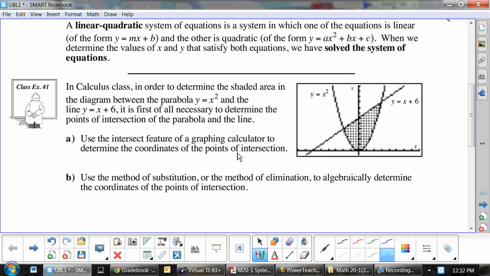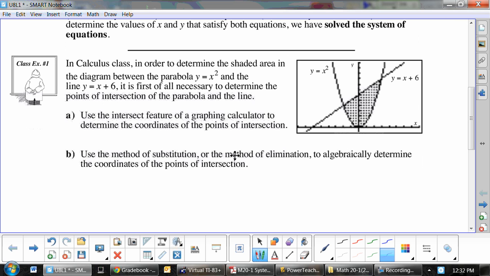Okay? So if we look down at example number 1, we have our two equations, our quadratic one there and our linear one here. And the first thing they ask us to do is to find the intersect graphically. So this is something we've been doing for, I would say, approximately 2 months now, right?